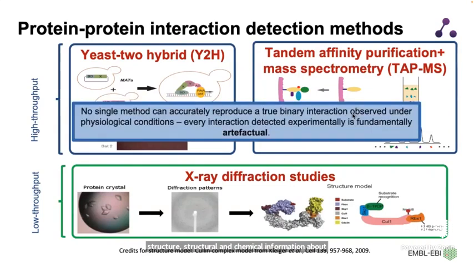Even though we have so many methods available to detect interactions, no single method can accurately reproduce a true binary interaction as it happens under natural physiological conditions. Basically, different experimental setups use different sample preparation types.